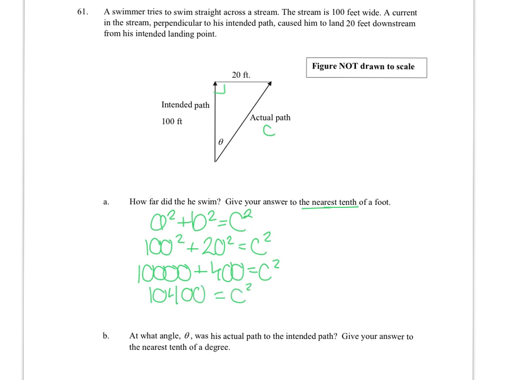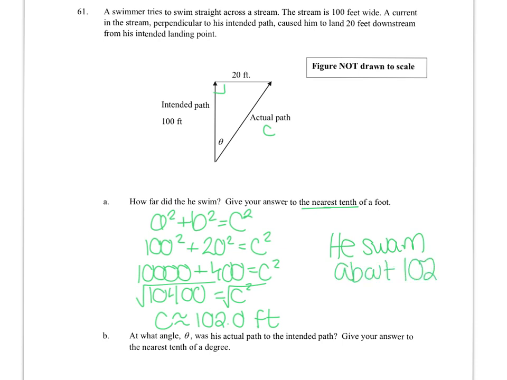In order to solve this, I need to square root both sides. I know I'm going to be using the positive value because it's a length. So c is going to be approximately 102.0 feet. Because it asks you to round to the nearest tenth, you do need to include that 0.0. So he swam about 102.0 feet.